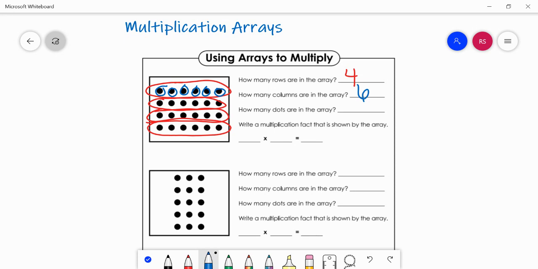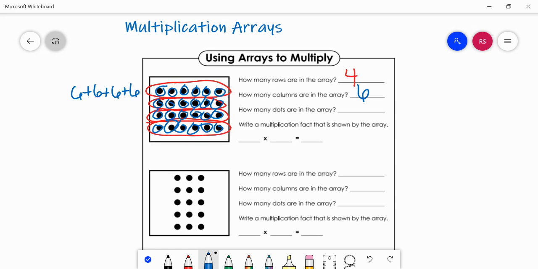So if I want to know how many dots are in the entire array, if I want to I can sit and count. I can do 6 plus 6 more here, plus another 6 in this row, plus another 6 in this row. And I could do 6 plus 6 plus 6 plus 6.